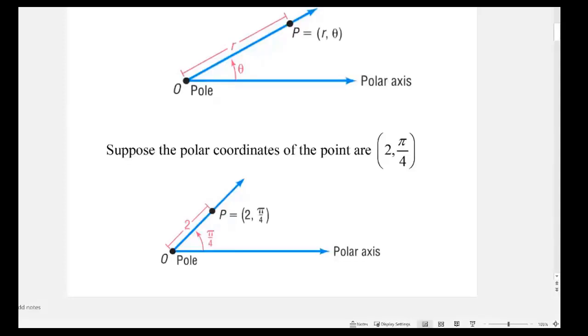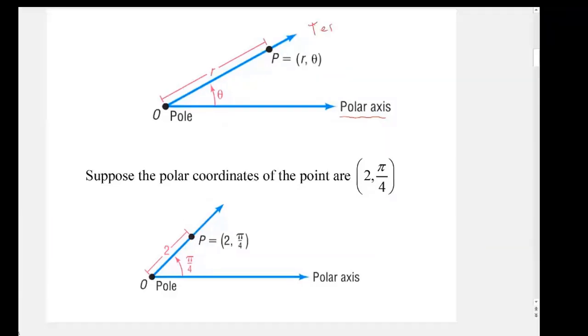If this is my polar axis, which would be the same as my x-axis, and that's my pole, and this is the terminal side of my theta, then we have this line. Now our terminal side can be any length, so we're not working with a unit circle anymore, okay?